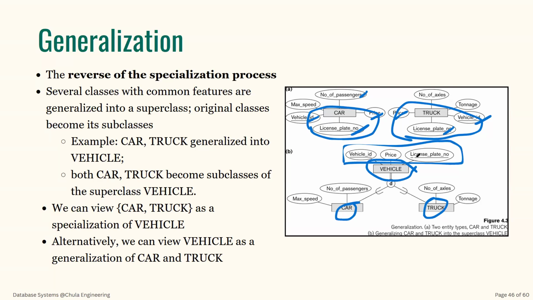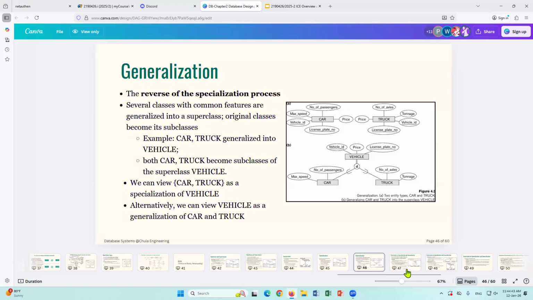So finally, it became the same thing, whether you do it from the generalization process or through the specialization process. It's the same thing, right? Meaning that the subclass of the superclass will also inherit the attributes from the superclass, plus at subclass level, it has its own extra attributes there. Same thing, but just reverse process.